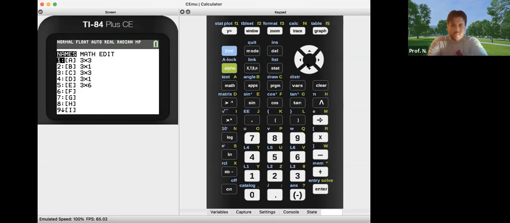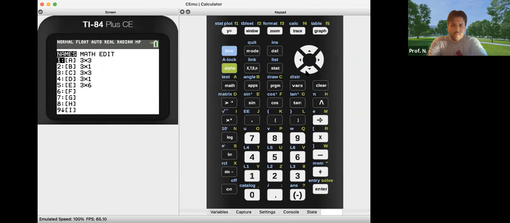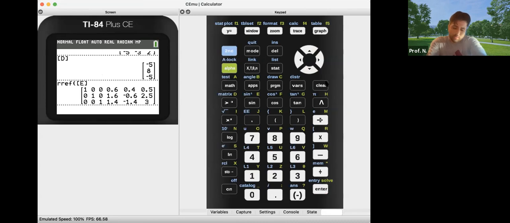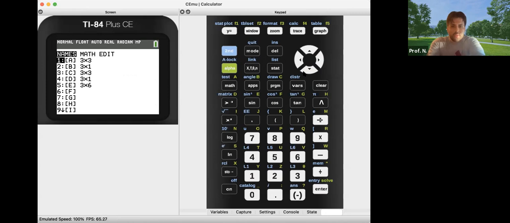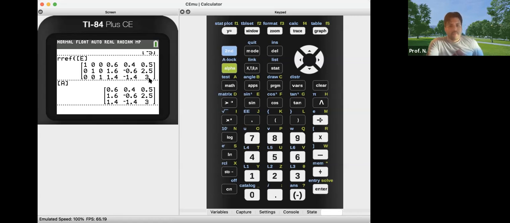So I remember doing this, and what did I get? Yeah, everything looks right. Let me just make sure that I'm doing this right. Yeah, all the numbers match up. So there might be something that we did incorrect in the beginning.